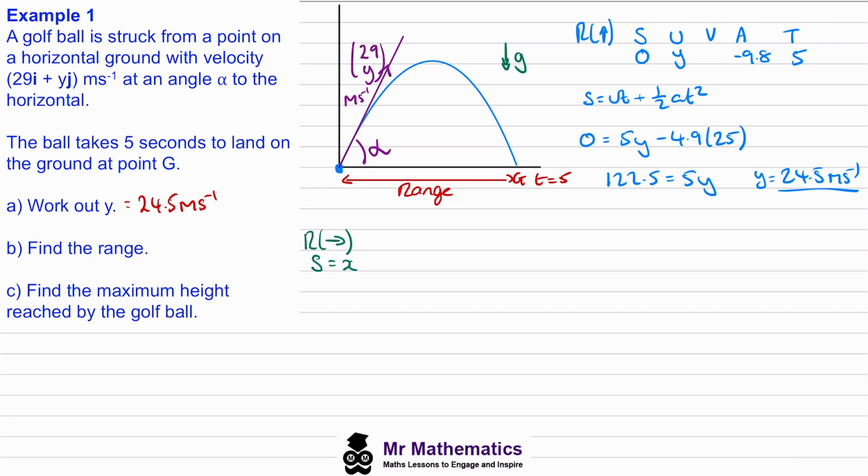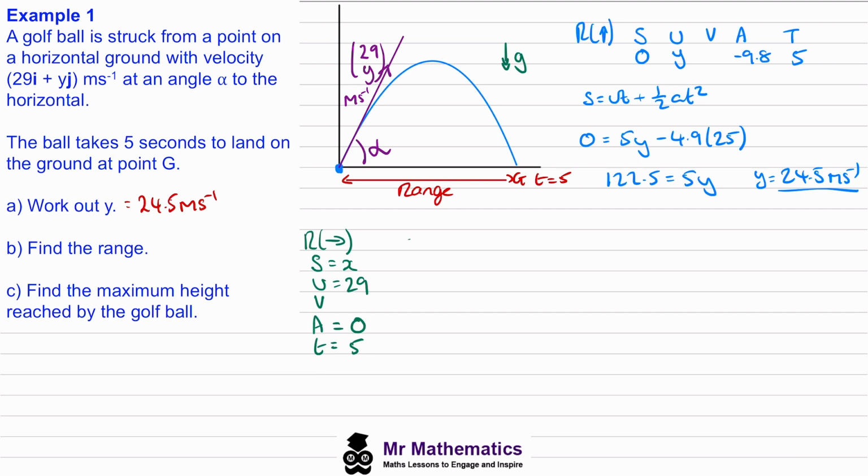The initial velocity is now given as 29, so u equals 29. Again, we don't need v. Although we've got an acceleration due to gravity, this is only acting vertically downwards. We've got no acceleration horizontally, so in this case, a is 0. And we know the time is equal to 5.